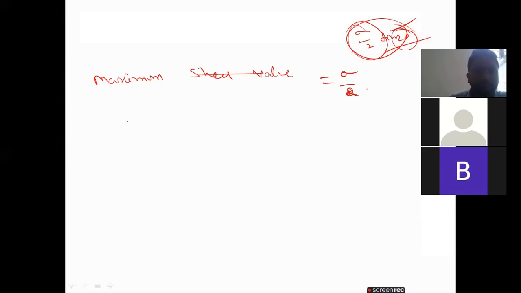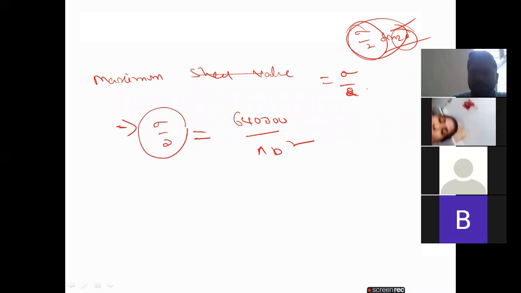Now the maximum shear value sigma by 2 equal to, so already we got the direct stress, that is 640,000 by pi d square. The maximum shear value sigma by 2 is already given in the problem, that is 65 Newton per mm square.